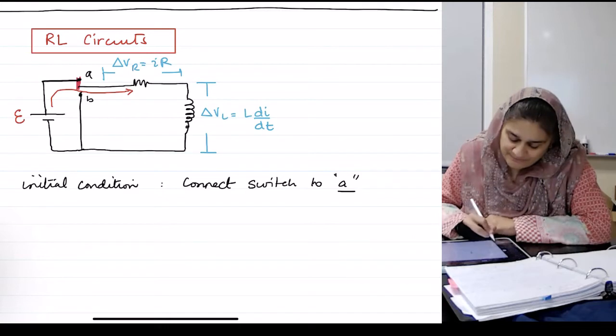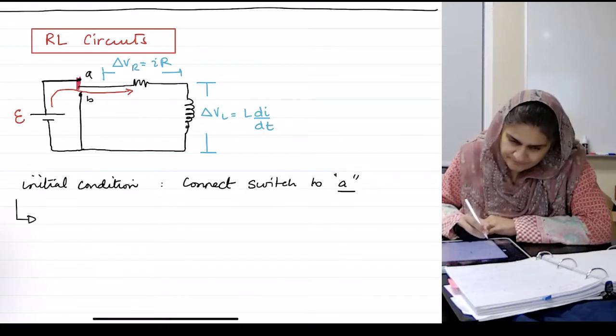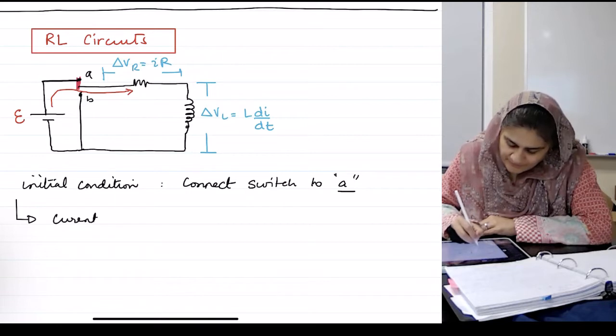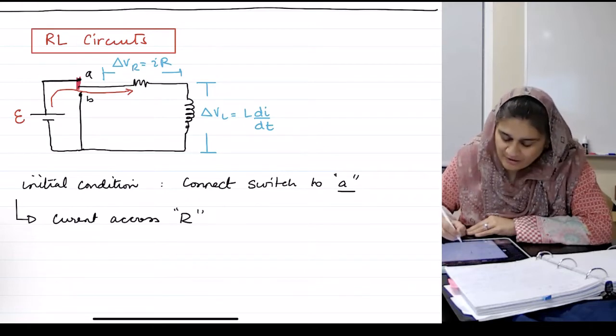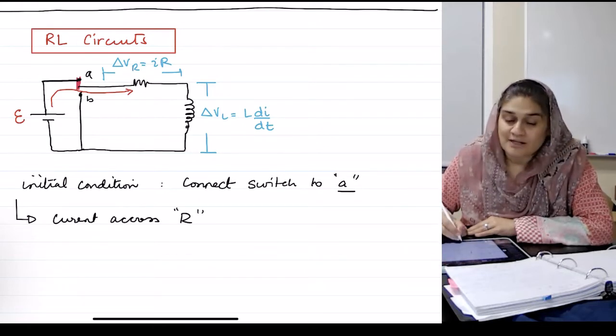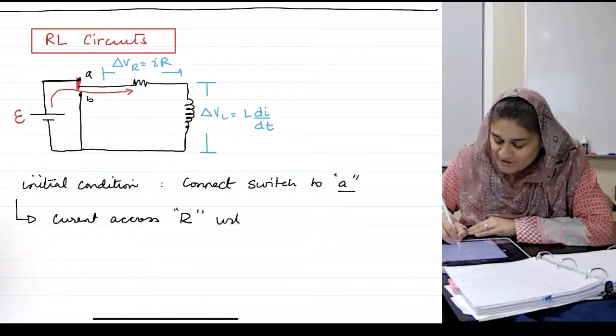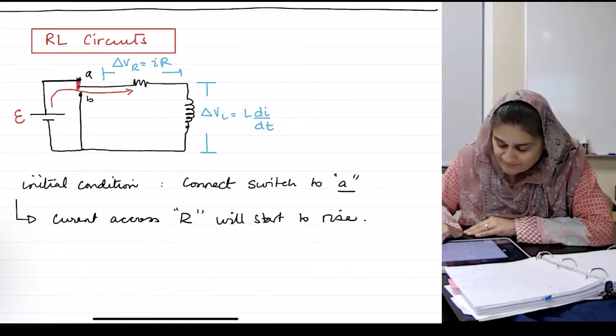That current, resistance R. So the current across R will start to rise.